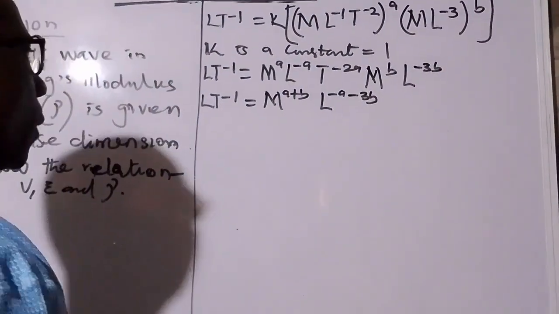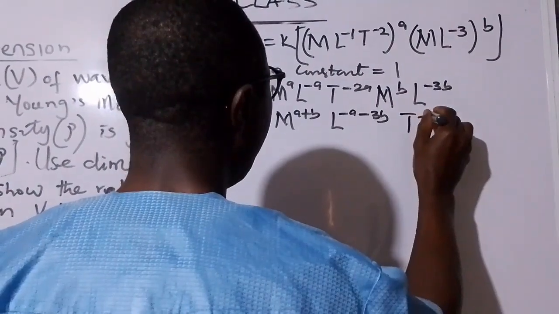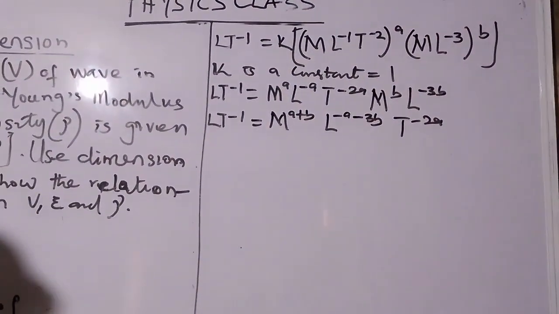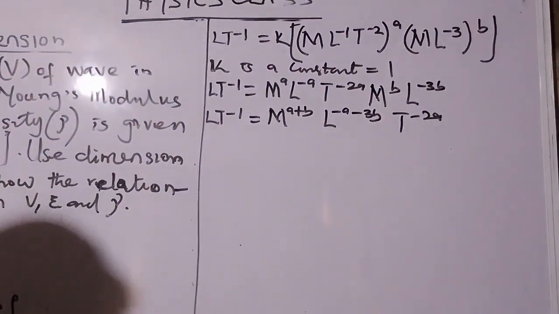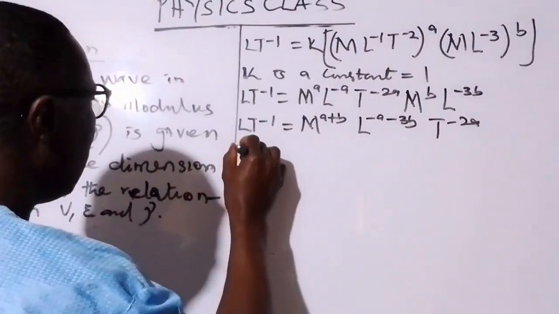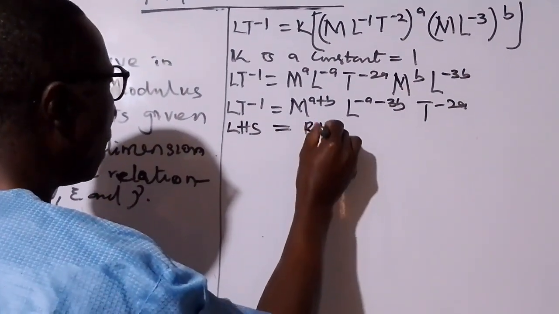Don't forget, then what else? T raised to power minus 2A. Now, we reduce this one to just 3 terms. Then the next thing to see: left hand side must be equal to right hand side.